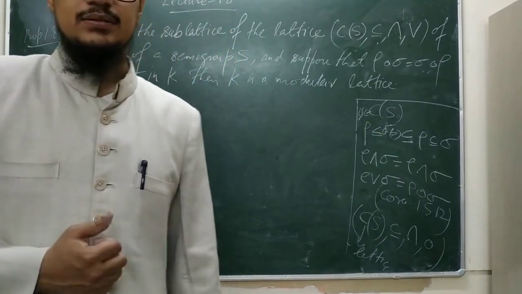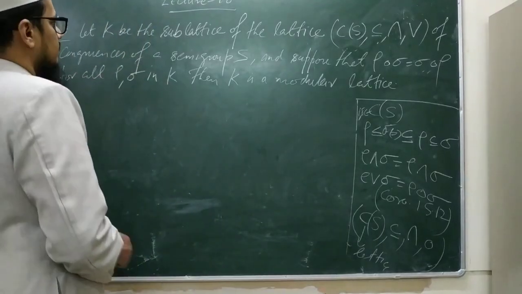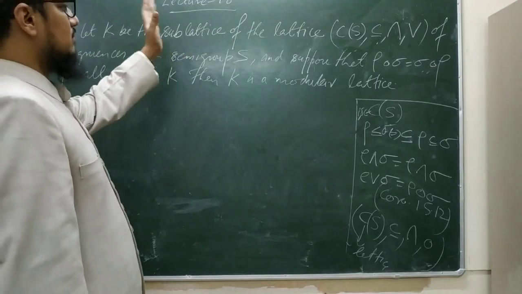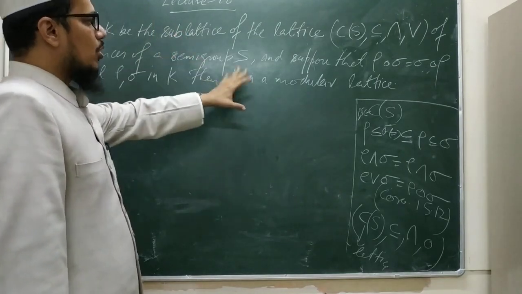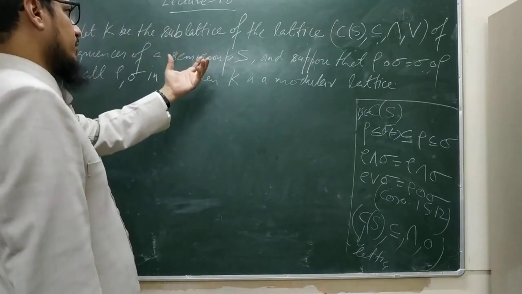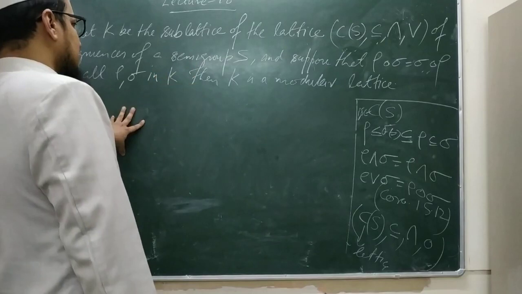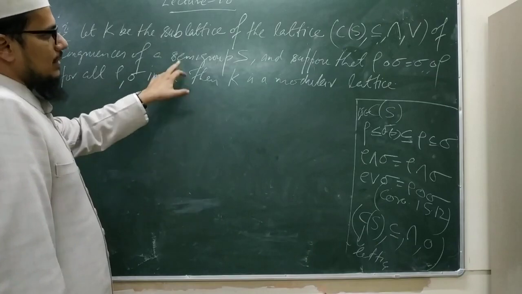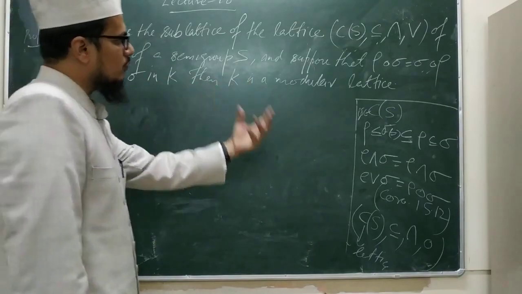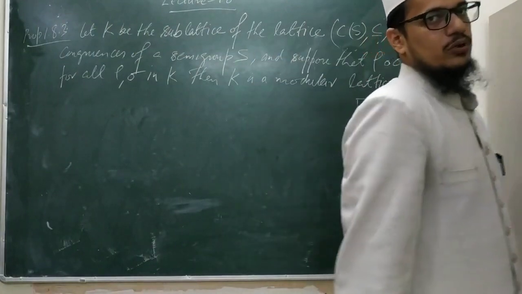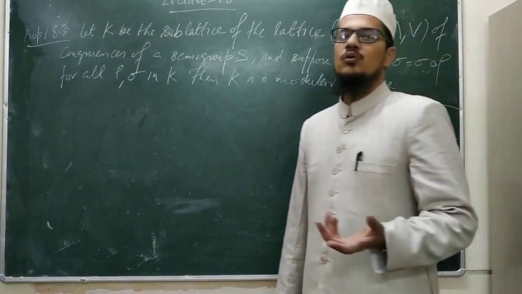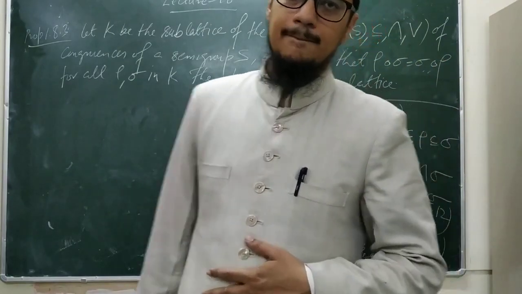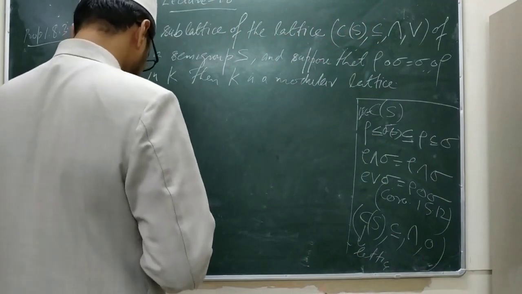So it is a sublattice. Now what we have to do is prove that such a sublattice is a modular lattice. Let K be a sublattice of the lattice of congruences, and suppose rho composition sigma equals sigma composition rho for all rho, sigma in K. Then K is a modular lattice. So we have to prove K is a modular lattice by the definition of modular lattice, we have to prove the same property, correct?